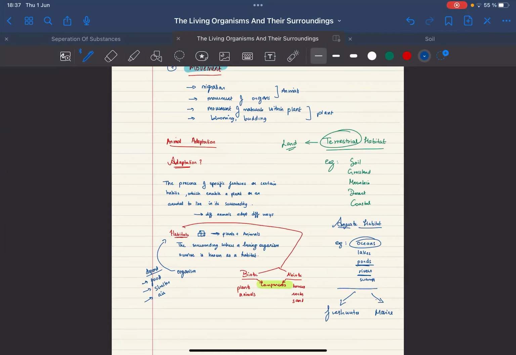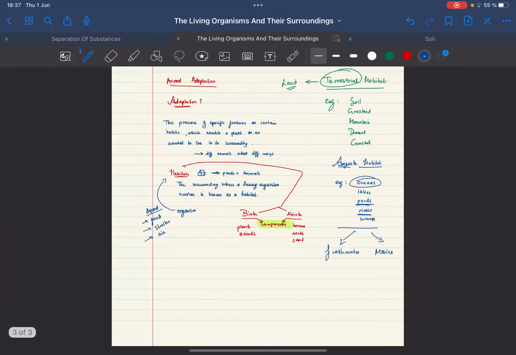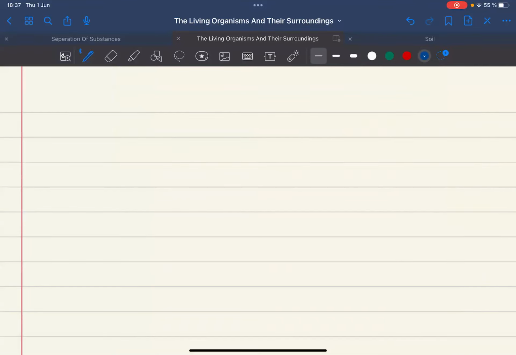Okay, all right. So there'll be certain extra information I'll be giving now. Just give me 1 minute. Now let's look at the different components of habitat.